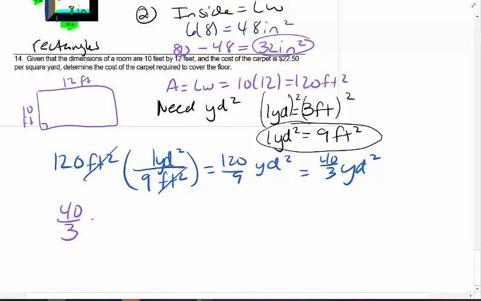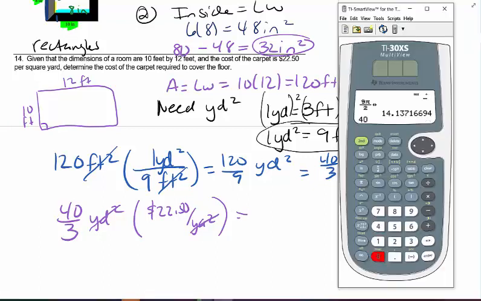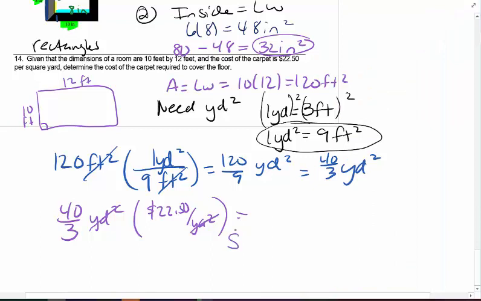40 over 3, which is yards squared, and I'm multiplying it times the $22.50 per yard squared, and that's why those are going to cancel. So I'm going to take in my calculator 40 divided by 3 times 22.50, press equals, and we should get $300.